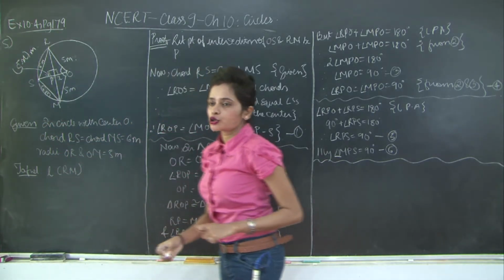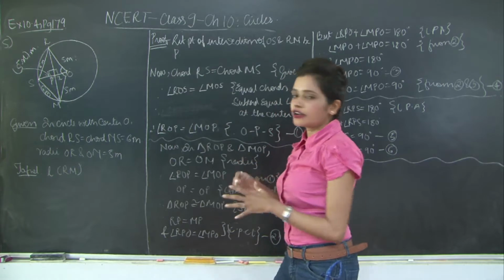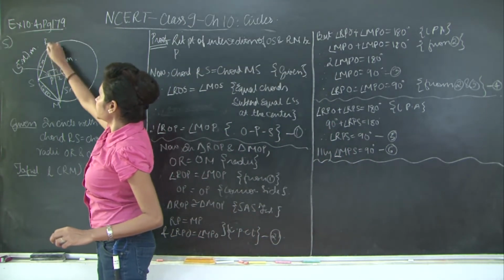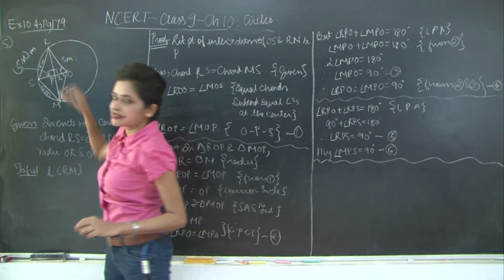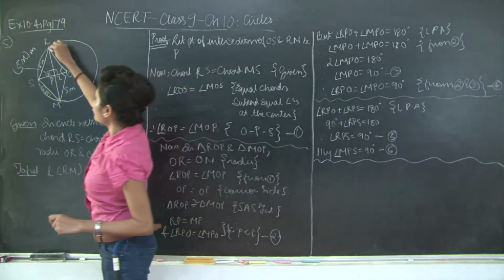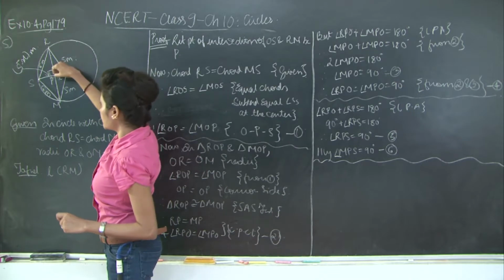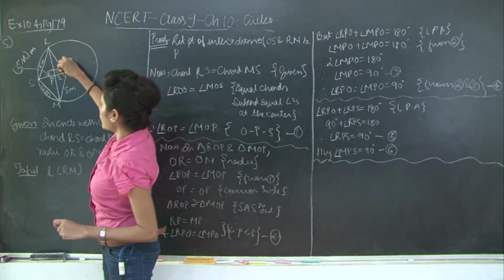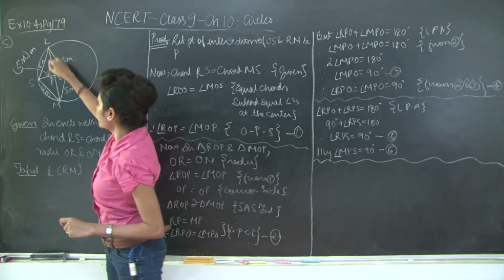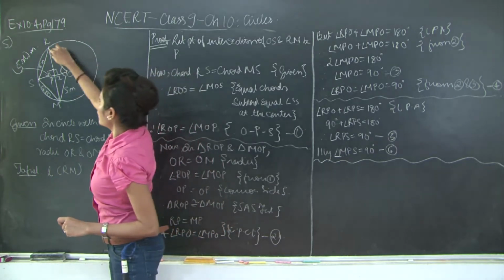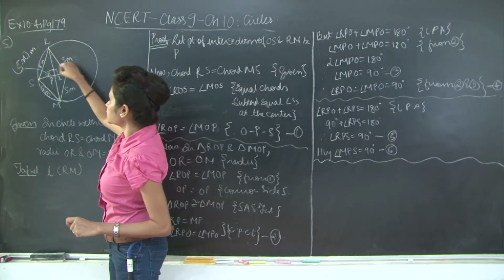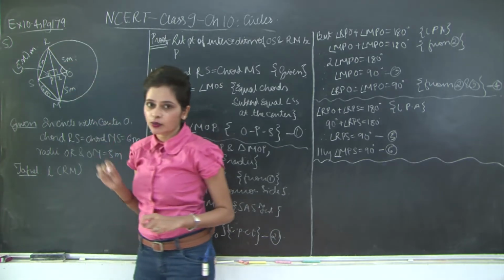So what we are going to do is something similar to what we did in one of the previous questions. See, for these two triangles, RPS and RPO, you have RP as the common side. So you are going to find the length of x using RP as the common side for these two triangles. So in right angle triangle RPO, RP square is equal to RO square minus PO square, which is 5 square minus x square.